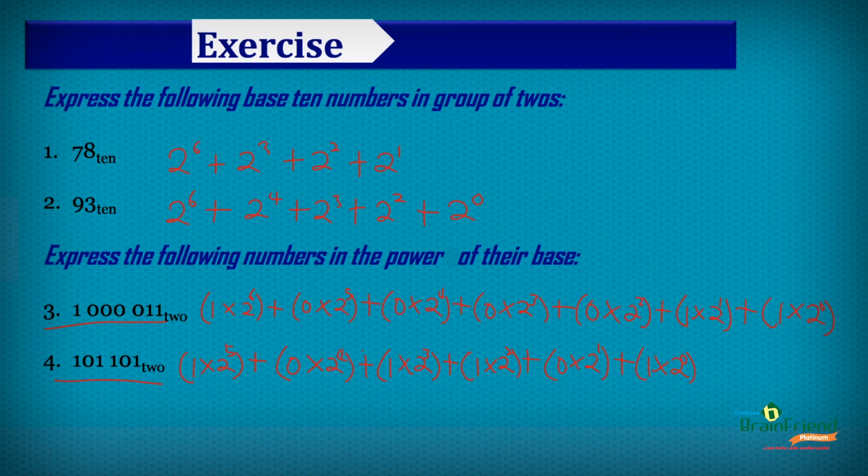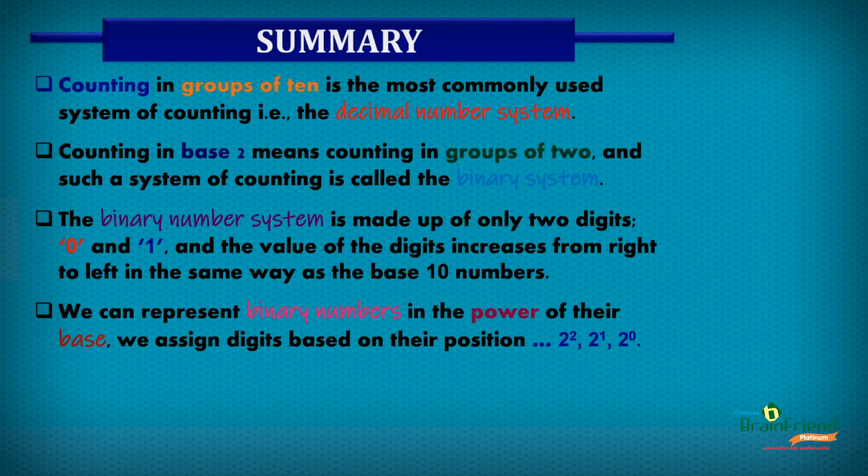And yes, this is where we come to the end of this lesson. But before you go, let's look at what we've learned in a summary. First, we learned that counting in groups of 10 is the most commonly used system of counting. That is the decimal number system.